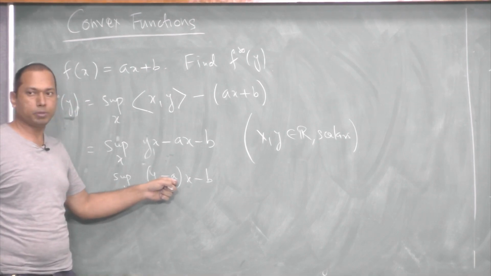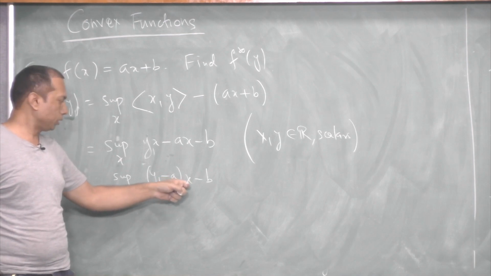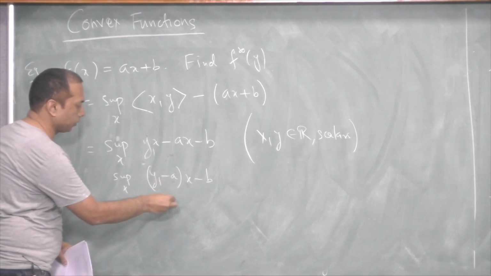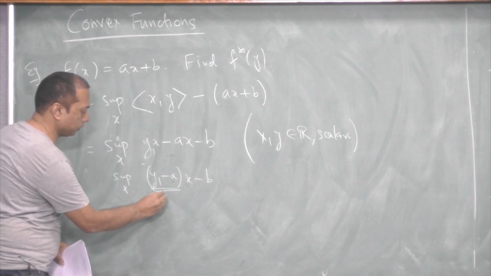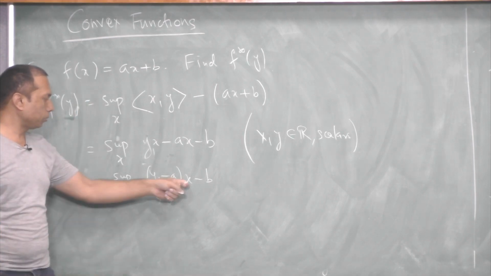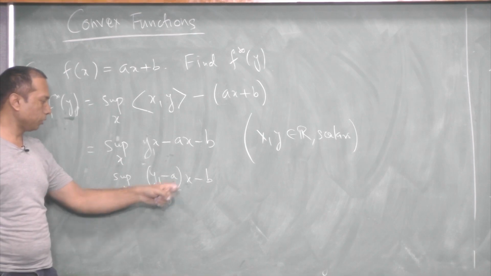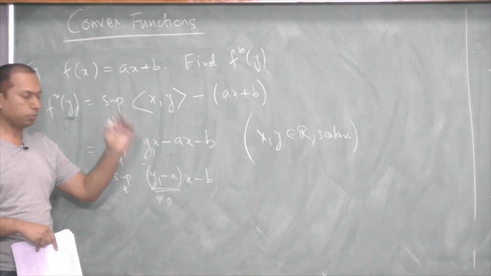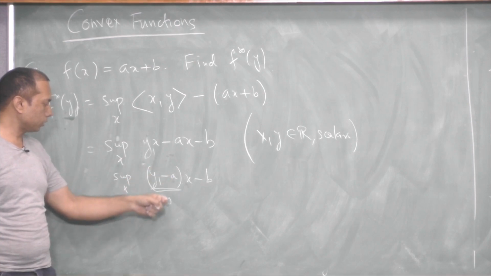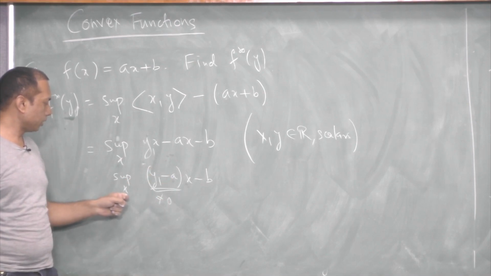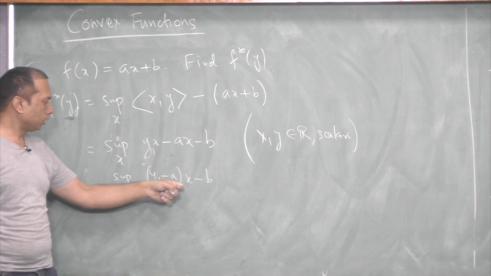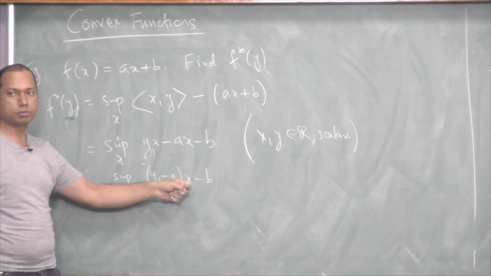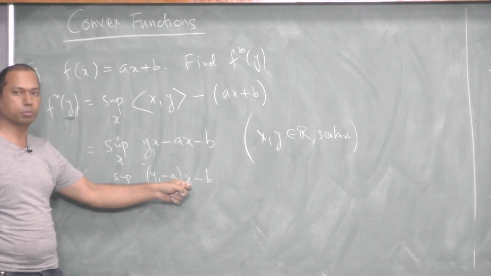If not, then what will happen? It can lead to infinity because of the x. Whatever constant I have, if it is non-zero, then there will be an x, whether it's negative or positive, it doesn't matter. Either way I can move it to minus infinity or plus infinity. As long as this coefficient is non-zero, since I'm allowed x to be anything, if it is positive, I take x very large and it goes to plus infinity.